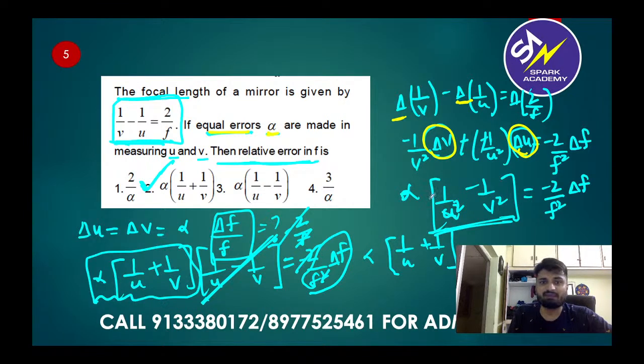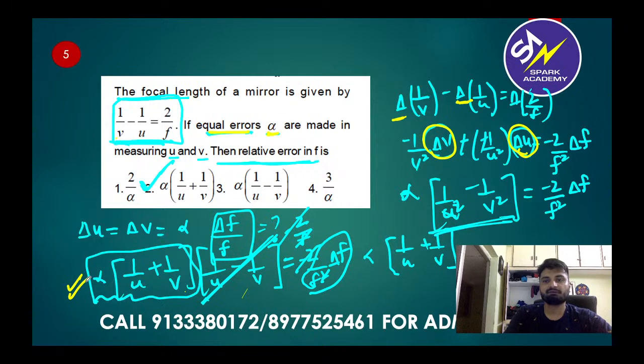This is like a plus b into a minus b, so 1 by u plus 1 by v, 1 by u minus 1 by v, right? So I can rewrite 1 by v minus 1 by u as 1 by f. I can switch it, so it will be minus 2 by f, which cancels off. So you are eventually getting alpha into 1 by u plus 1 by v. So this is how you can do the fifth question.